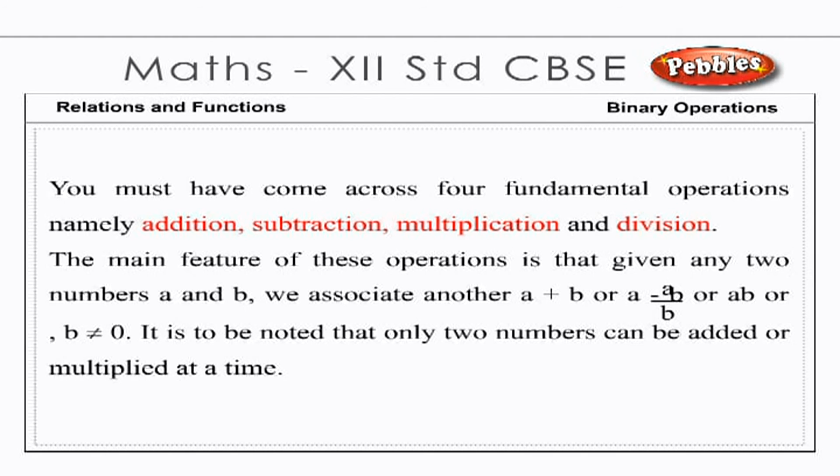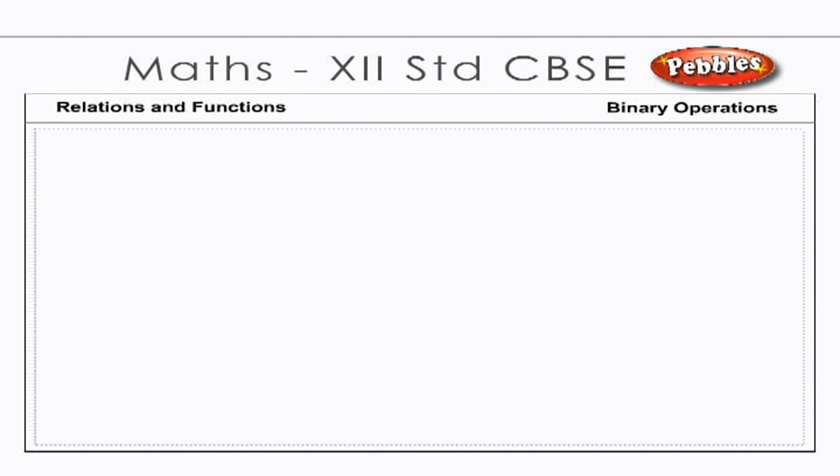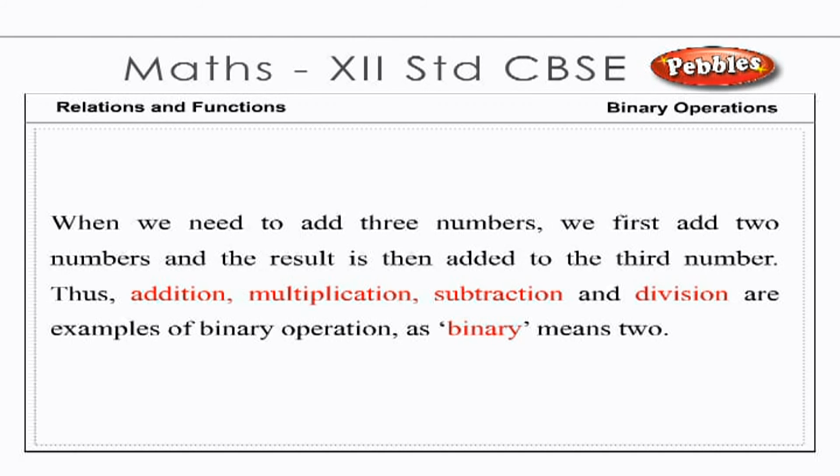It is to be noted that only two numbers can be added or multiplied at a time. When we need to add 3 numbers, we first add 2 numbers and the result is then added to the third number. Thus, addition, multiplication, subtraction and division are examples of binary operation, as binary means 2.